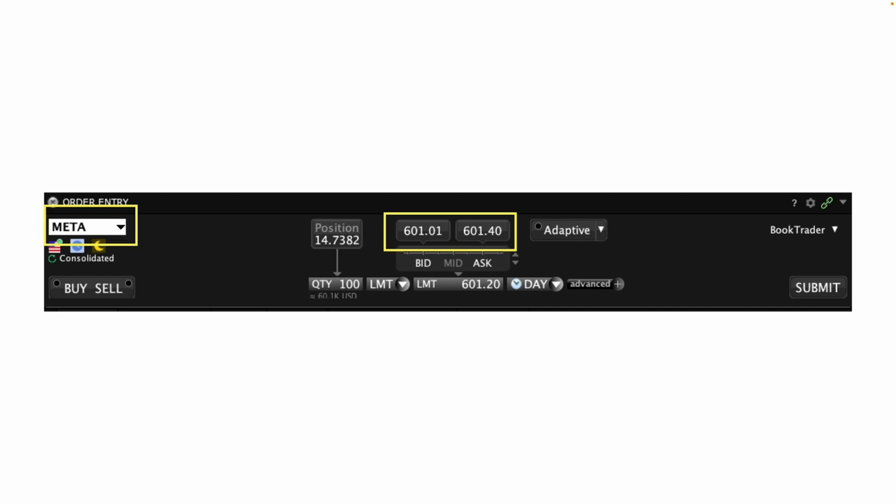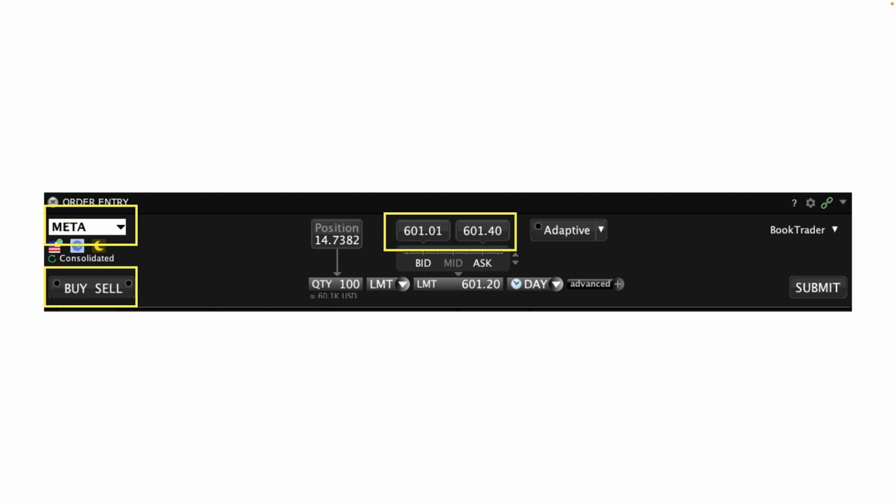But now, since we are in the after trading hours, we can see that the spread, which means the difference between the ask and bid price, is 39 cents. That is because there's not much liquidity after hours, compared to much better liquidity during regular trading hours.